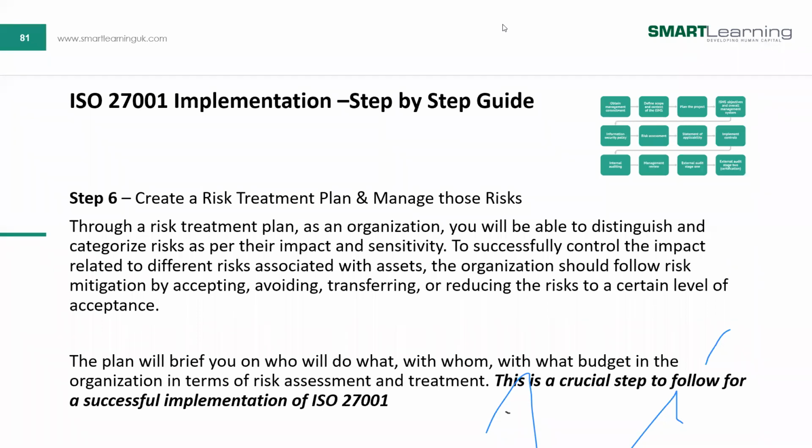Transferring is when you outsource to some other party or you take out insurance, because insurance is regarded as transferring risk, but not responsibility. So when you take out insurance or when you outsource, that is risk transfer, because you don't want to employ somebody to attend to something that's not likely to happen soon. So when likelihood is low and the impact is high, you want to outsource it.